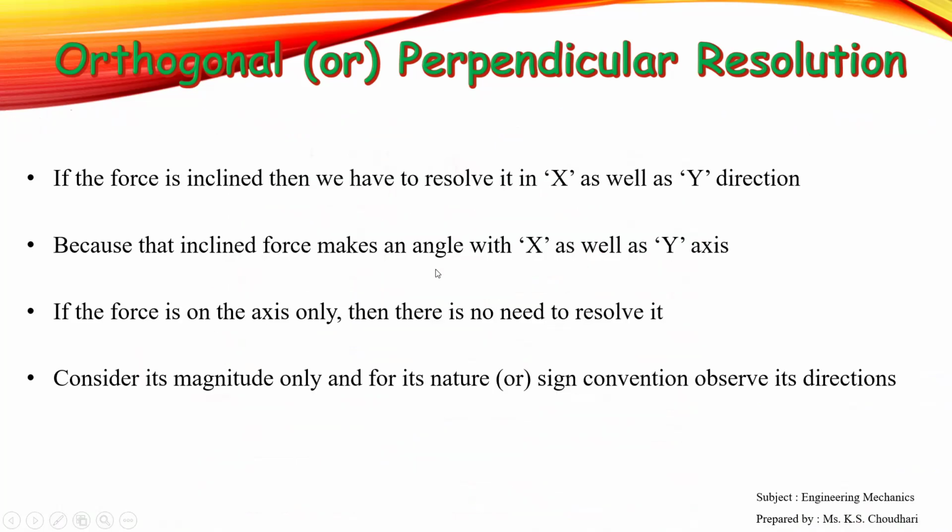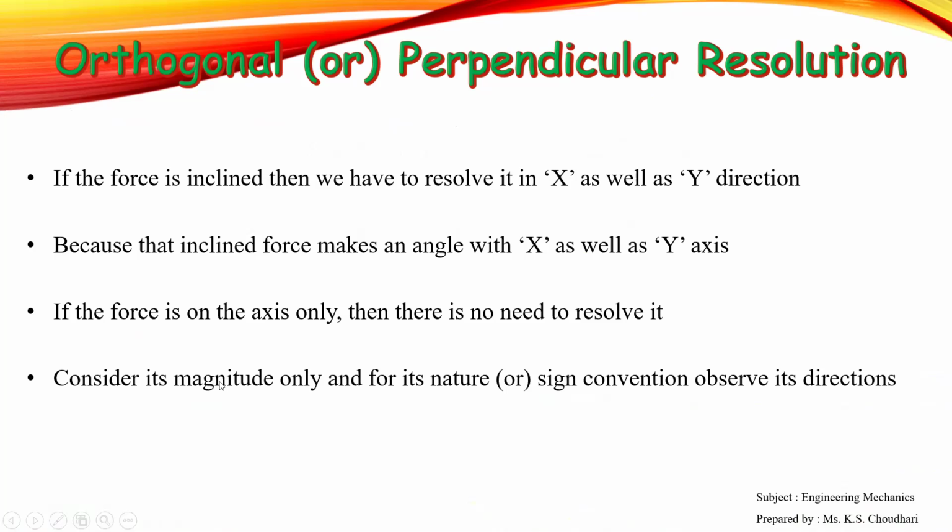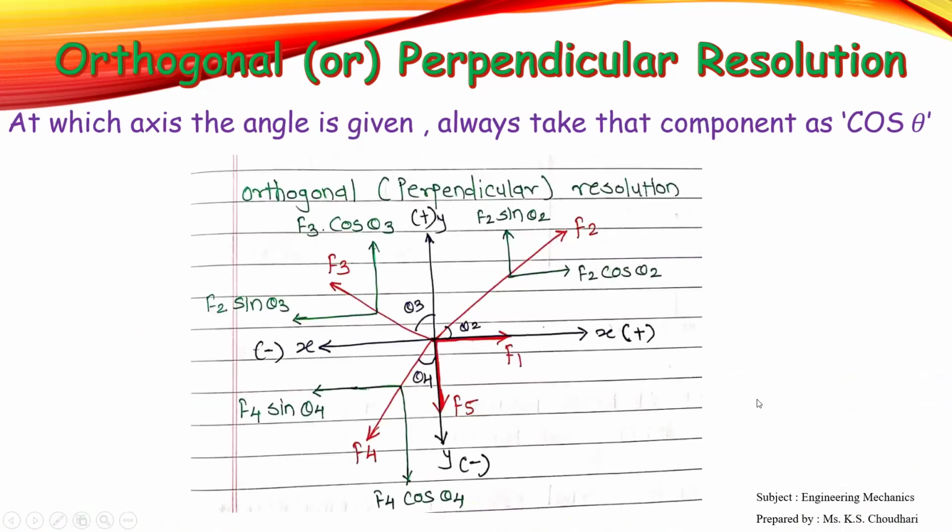If the force is on the x axis, then there is no need to resolve it. Now look at this force. This force is on the x axis. Then there is no need to resolve it in both directions. Consider its magnitude only, and for its nature or sign convention, observe its direction.